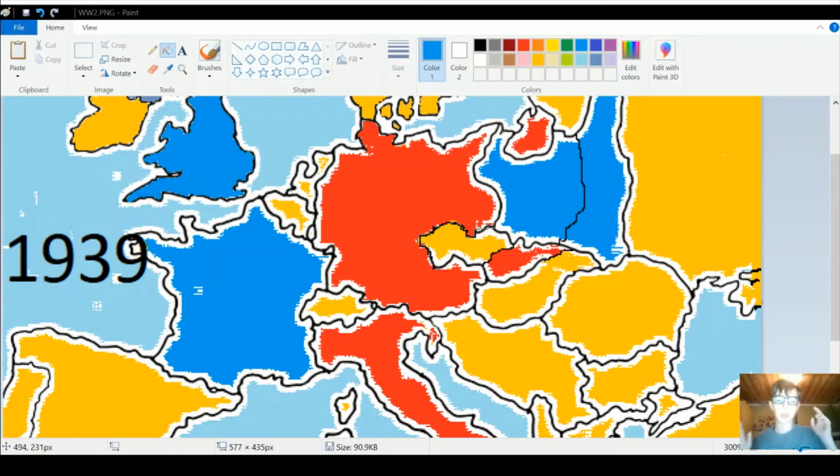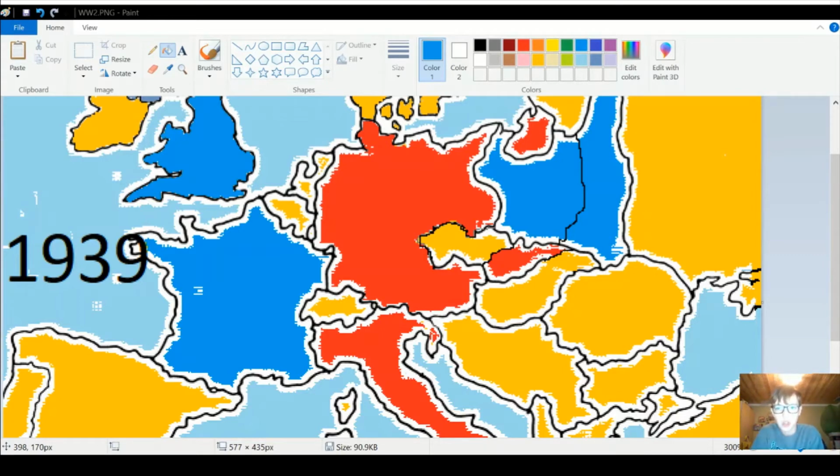Okay, what happens next is the UK, France, and Poland are getting pretty worried about what Germany can do, because they've pretty much taken out two countries, Austria and Czechoslovakia.